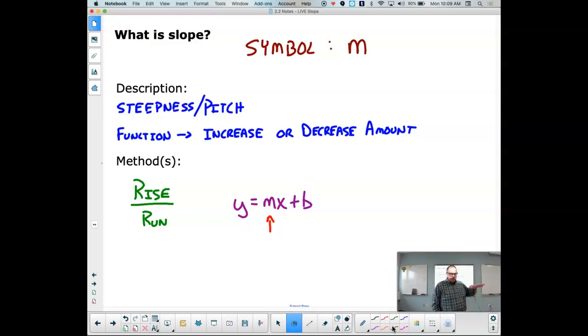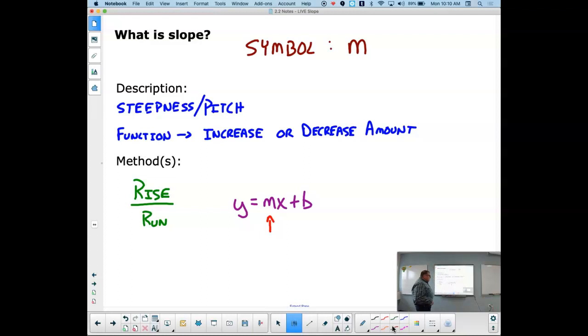He lived in a hilly area, and he noticed that the different hills had different pitches, and so he called it the slope because of the slope of a hill, and he used the letter M for monter because monter in French is to climb. So little backstory there for you on the slope.